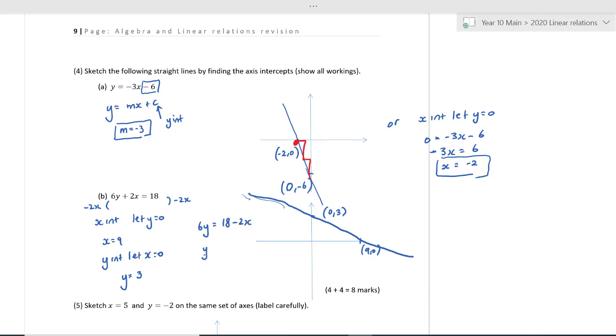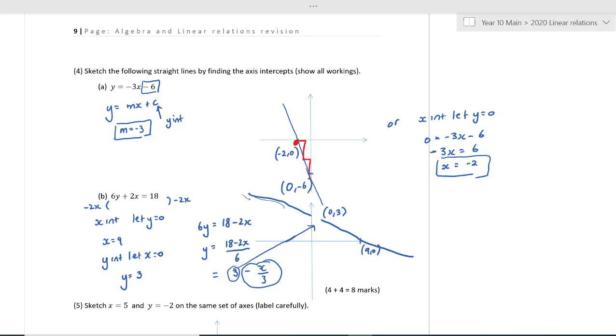We're left with y = (18 - 2x)/6. 18 divided by 6 is 3, minus 2/6 is 1/3, isn't it? So we'll call that x/3. So you can see here, there's my y-intercept, 3, and here's my gradient. It's -1/3. Not -x/3, it's the coefficient of x.